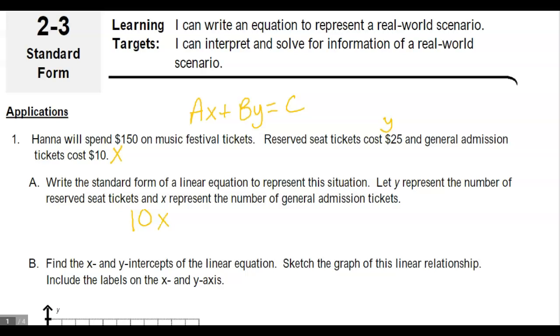That's how we labeled it x. We're going to add that to however many of the $25 reserved ones we buy, and that has to equal $150 if you spend it all.